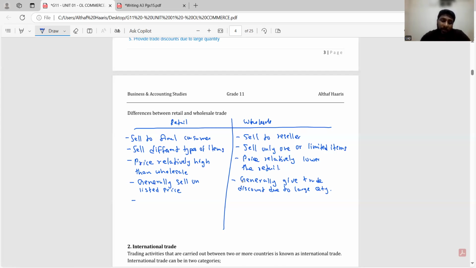Retail: well aware of what the consumer requires, as they deal directly with the end consumer.